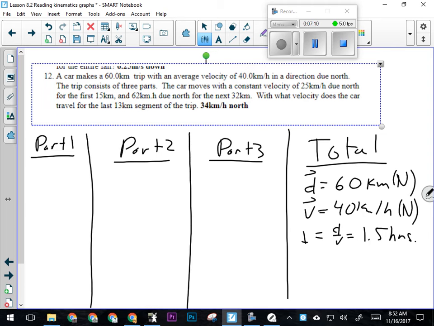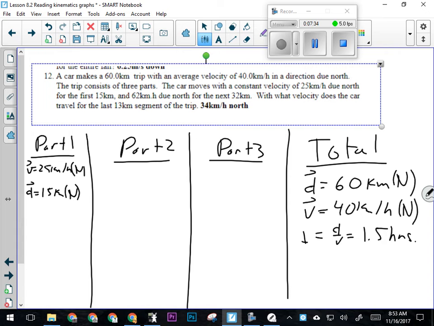So in part 1, we have a constant velocity of 25 kilometers per hour north, and it's 15 kilometers. Does the north really matter in this question? It does, except that I have to have north on my answer. Everything is north, right?